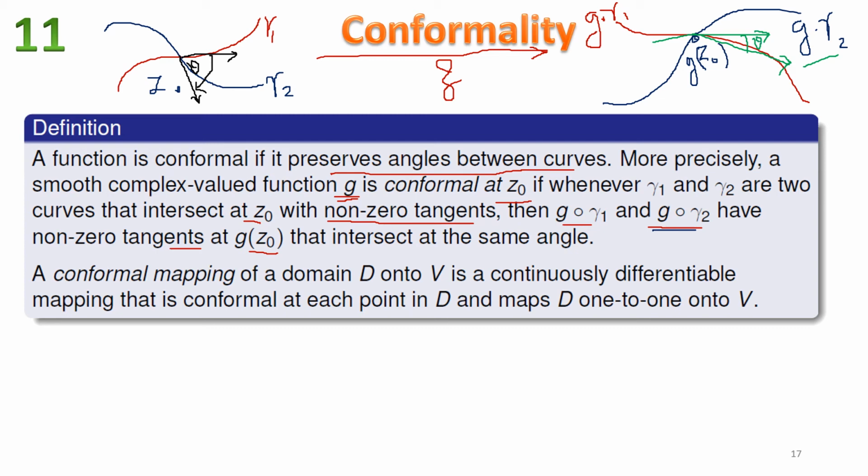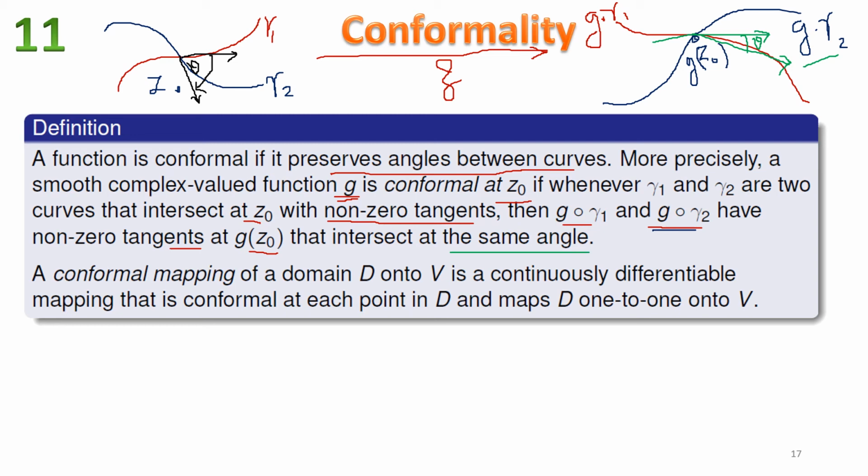Now if theta is preserved, that is, the angle of intersection is the same, then the definition of conformality of the function g, we can say, is obeyed.